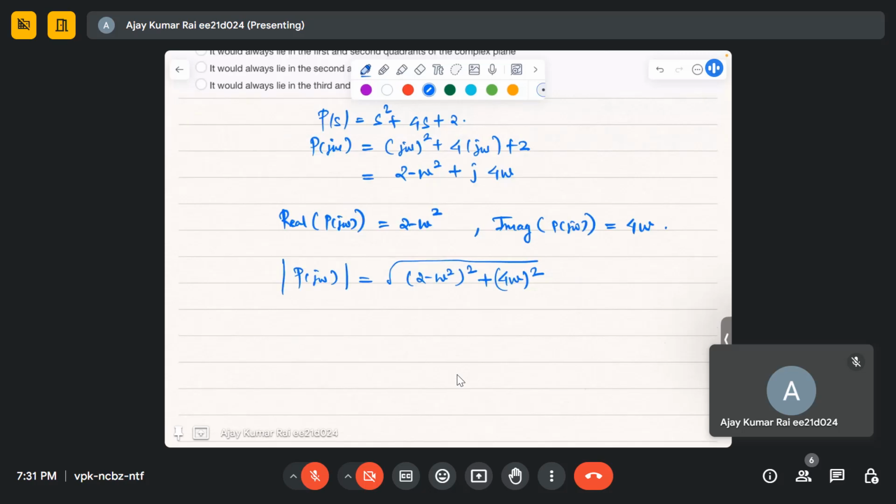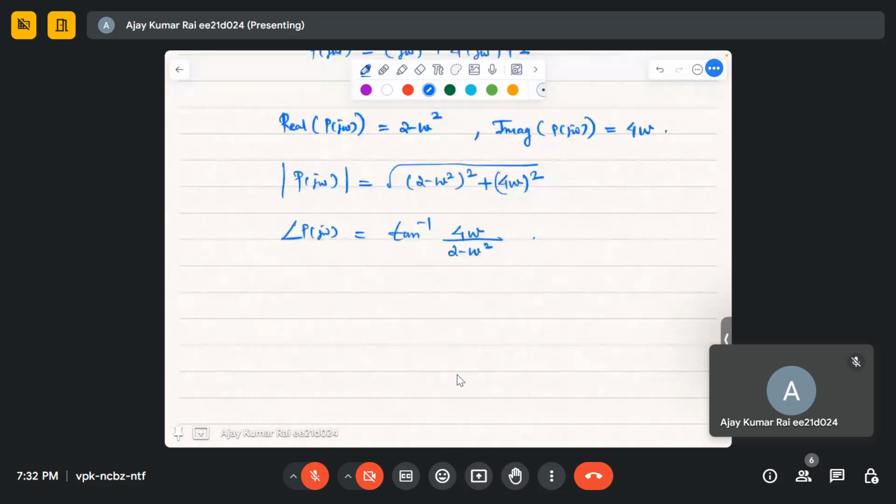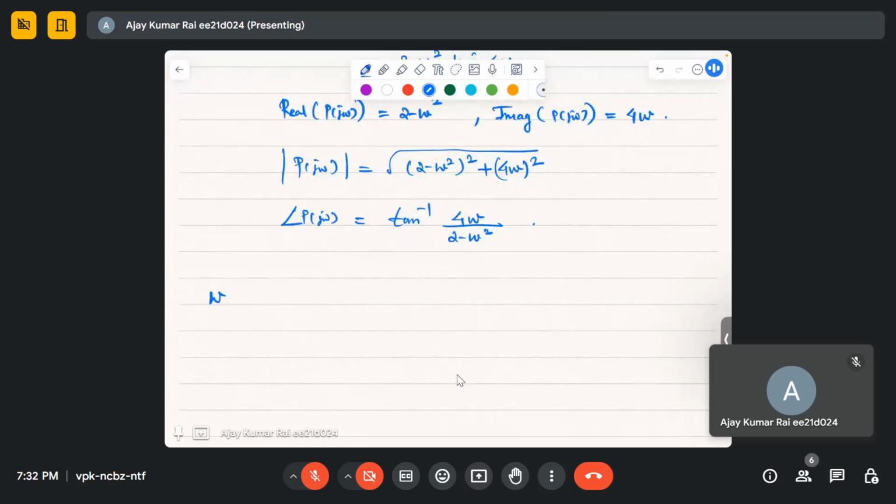Okay, so this is the magnitude, and the angle is tan inverse of 4 omega by 2 minus omega square. Okay, so let's put the values on the table.